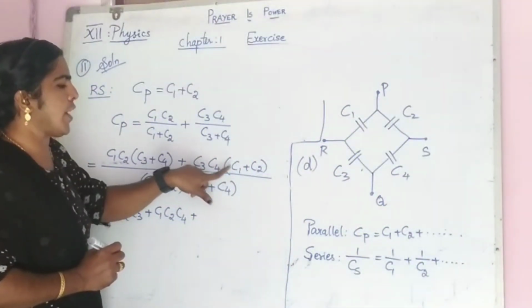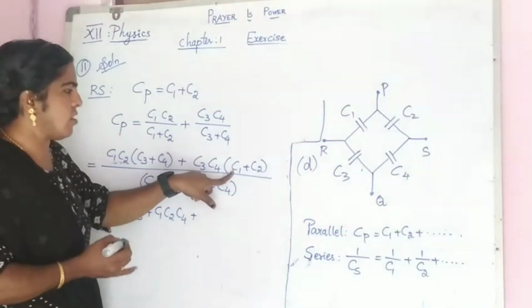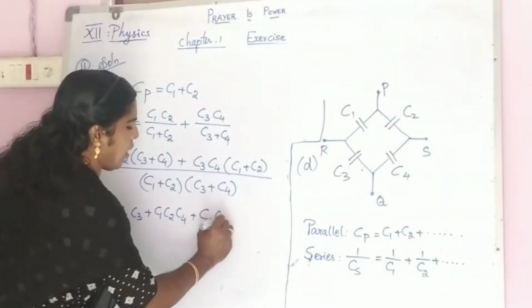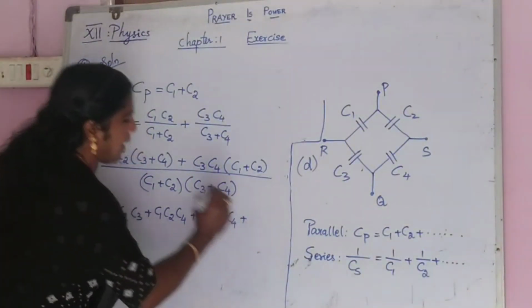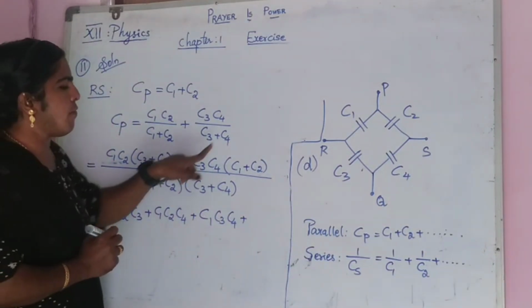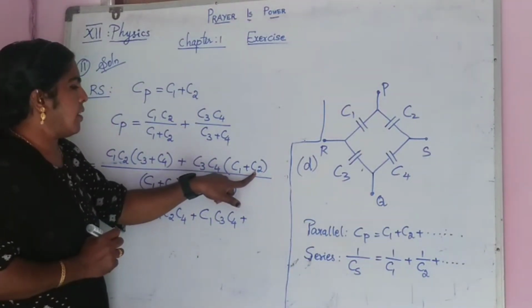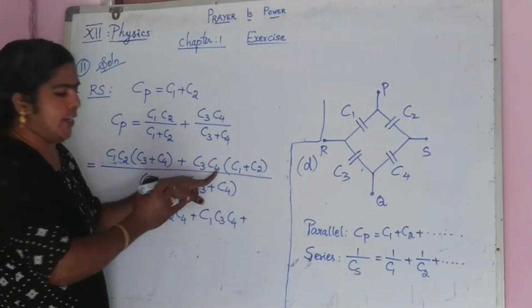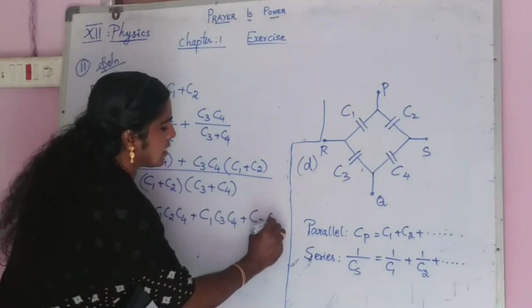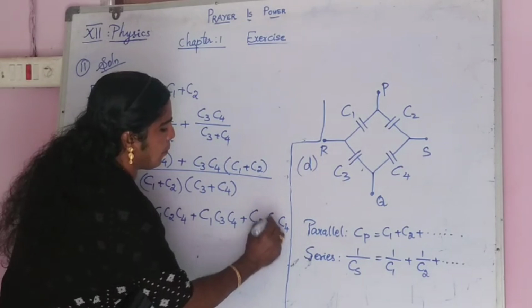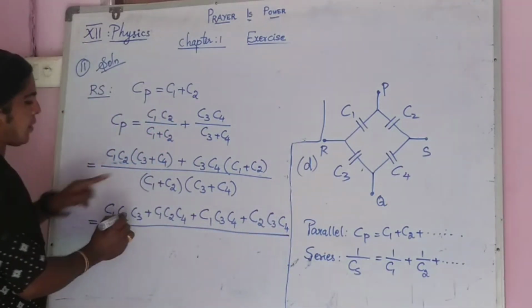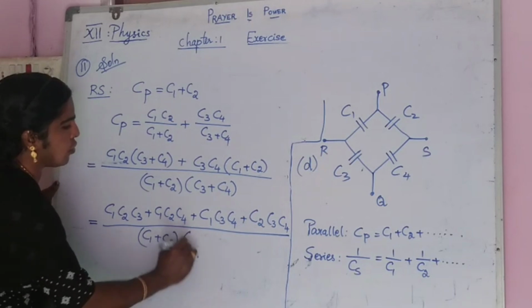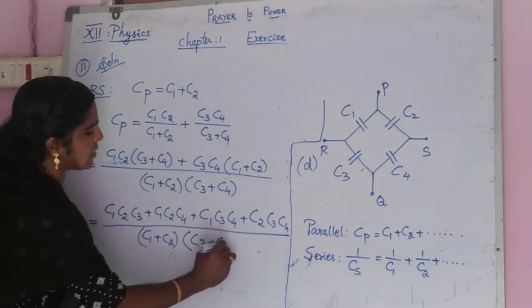Just we are arranging in order: C1 C3 C4 plus C2 C3 C4, divided by the same term, C1 plus C2 into C3 plus C4.